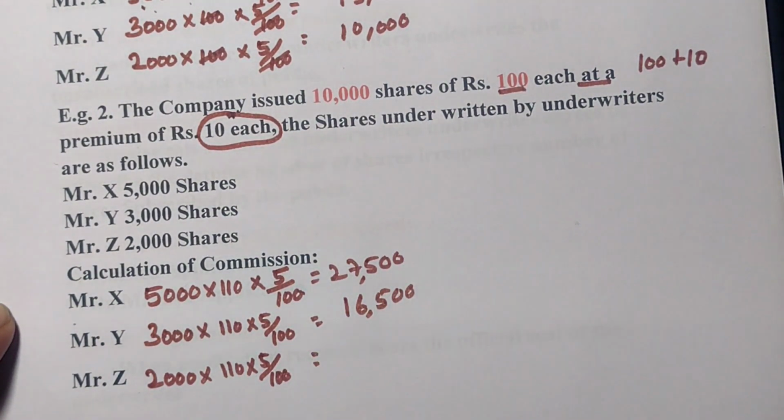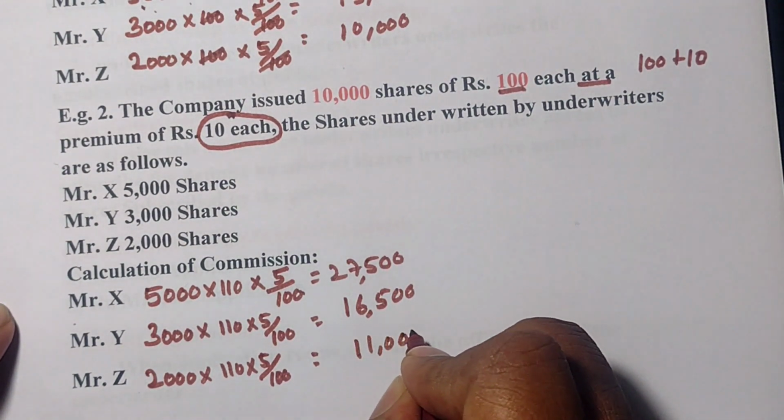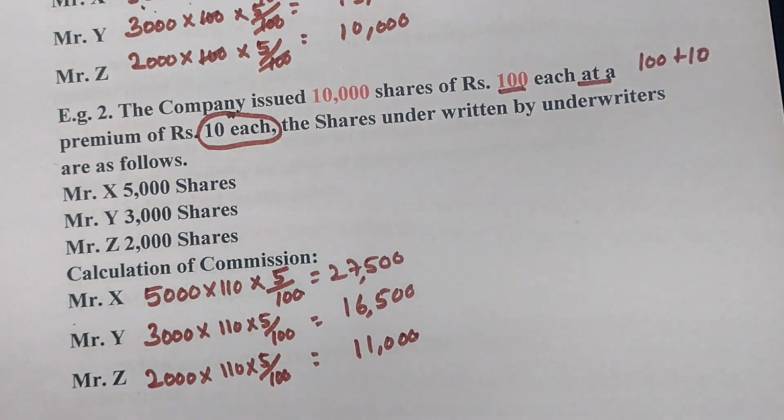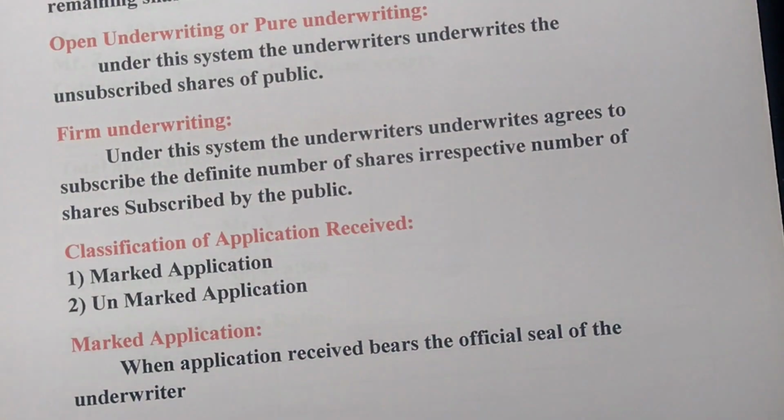And for the third person, 2,000 into 110 into 5 divided by 100 is equal to 11,000 rupees commission. Now I have shown the example for shares. In the same manner, we need to calculate for debentures; in place of 5%, we need to apply 2.5%.